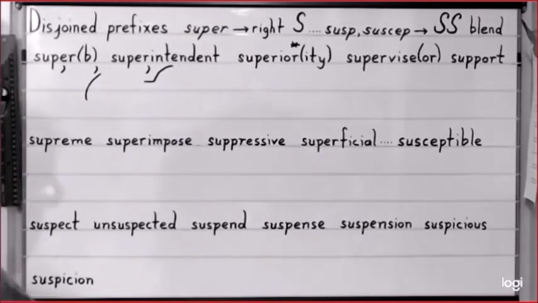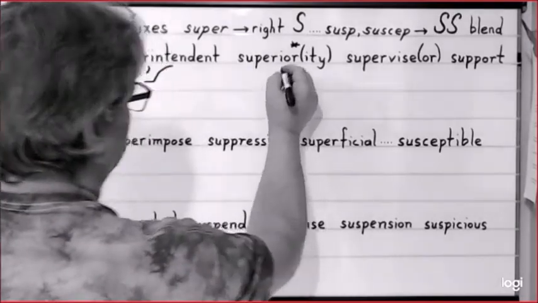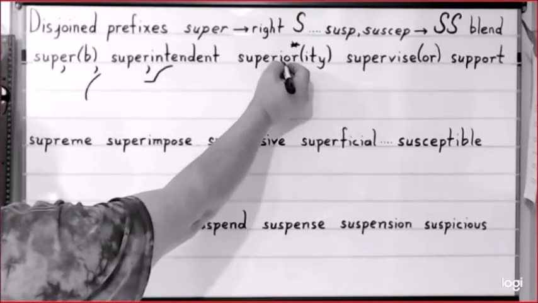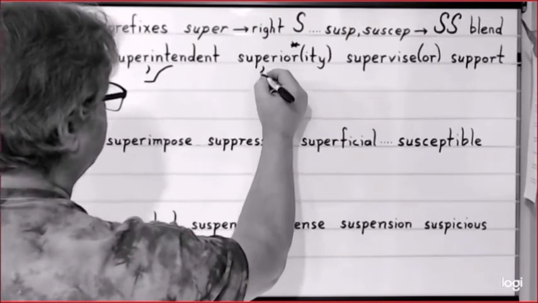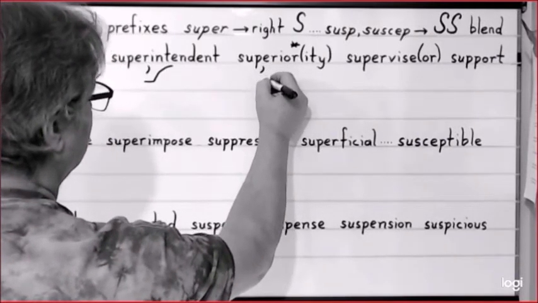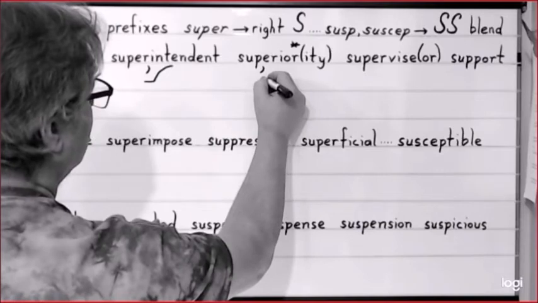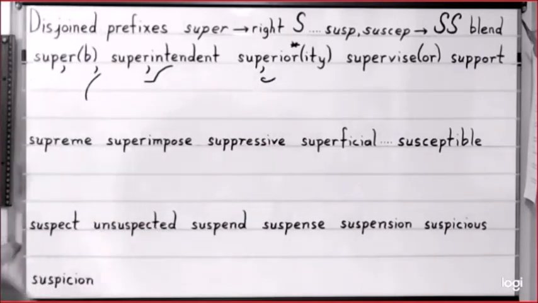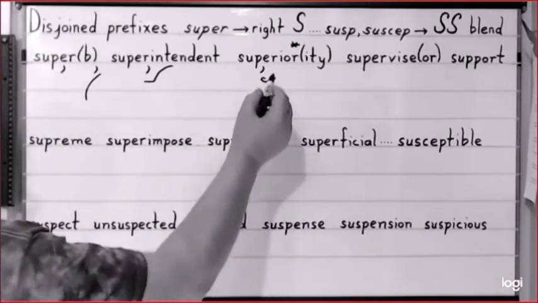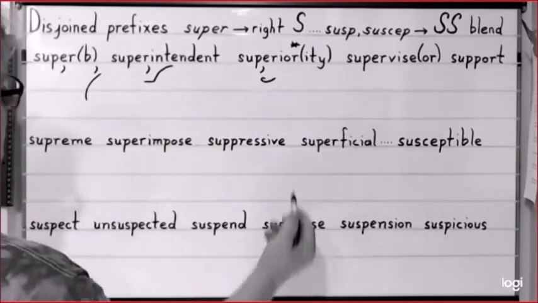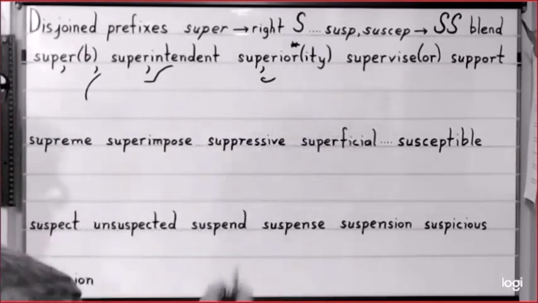For superior, remember there's a vowel in here after the R, so we're going to write the O here. So it is the S-U-P-E-R, for the right S, then the O, and the R. For superiority, we're going to use a disjoint suffix, actually, which is the R-I-T-Y.